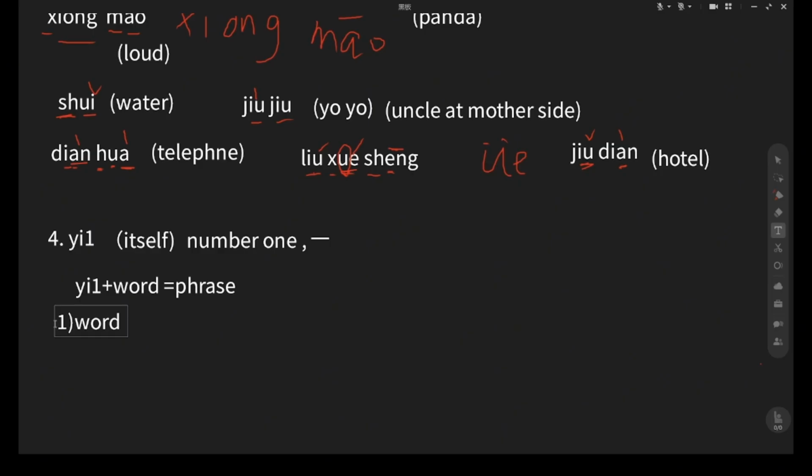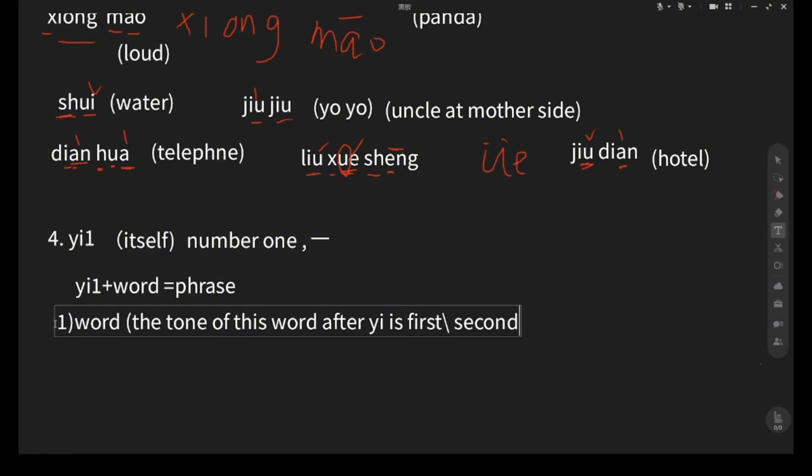when the tone of these words after 一 is first, second, third tone, then this 一 we change to the fourth tone.